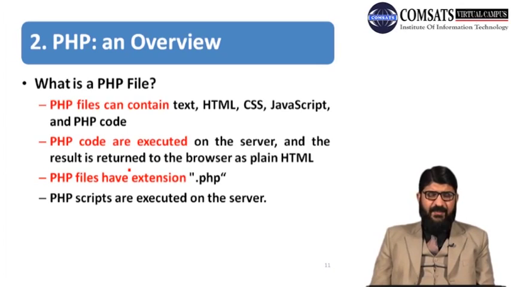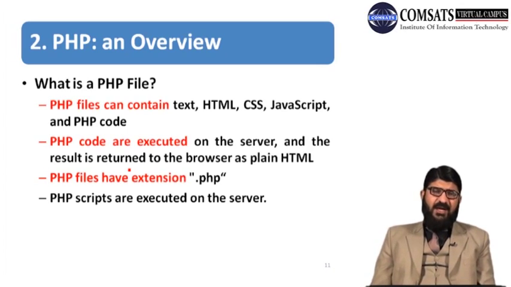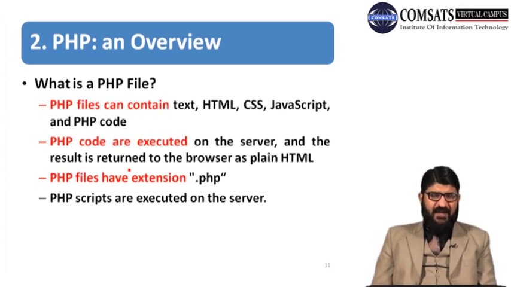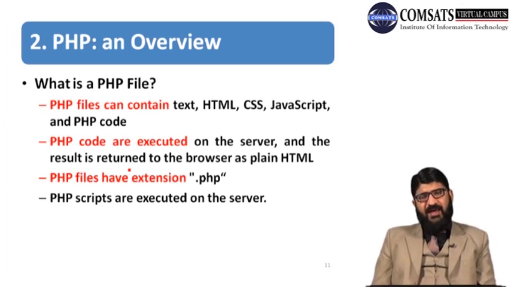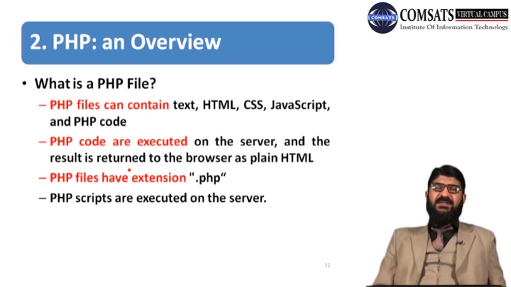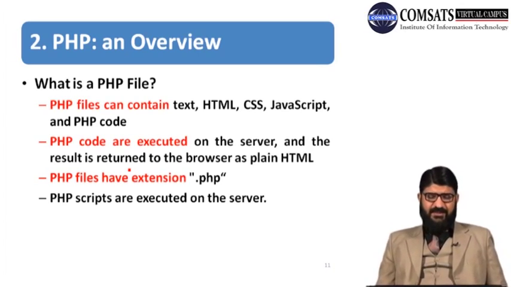And whenever the PHP code is executed on the server, the result, the output, is always returned to the user's web browser as an HTML page. So PHP files are always saved with the .php extension. As we have seen, the JavaScript file is saved with .js, the CSS file is saved with .css, and the PHP file is saved with an extension of .php.